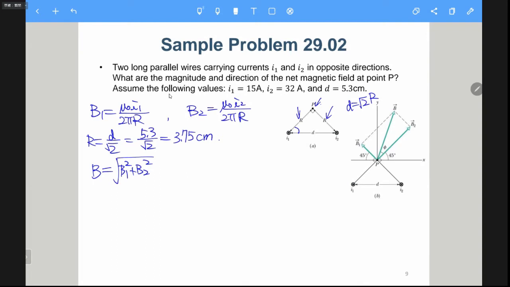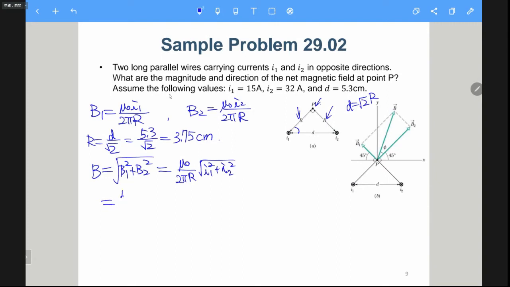Okay, so here we have mu 0 over 2 pi r, and then square root of I1 square plus I2 square. So we can just plug in the values.